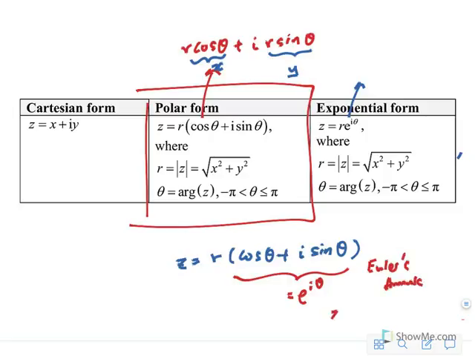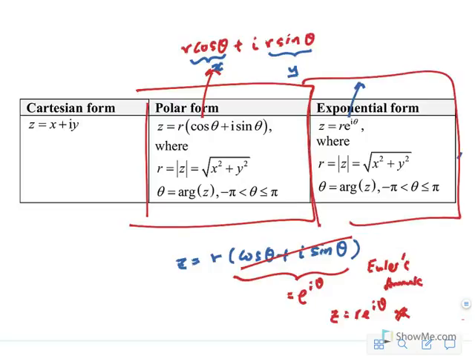Therefore the exponential form is just r, where I replace this with e to the power i theta. This will be the exponential form of a complex number. The proof is simply by Euler's formula.